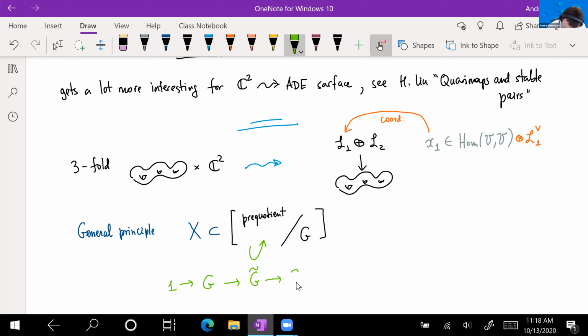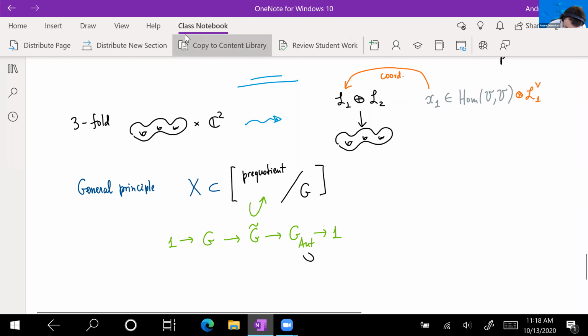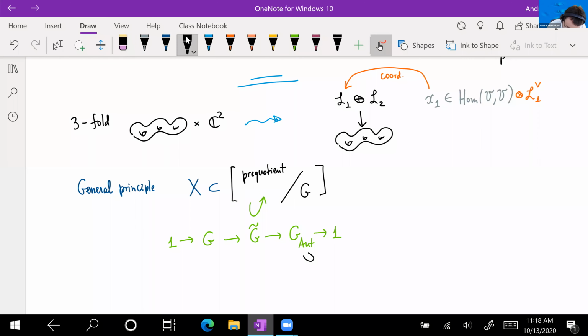And then there's a quotient, which is a kind of group of automorphisms. For instance, this contains, well, this more or less equals, right? This contains at least the automorphisms of C2, or maybe GL2.